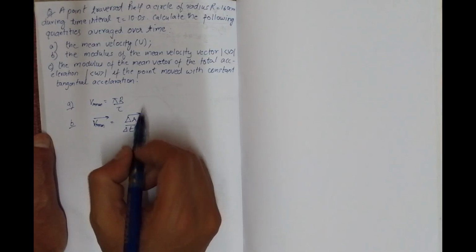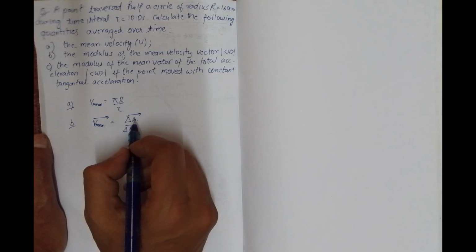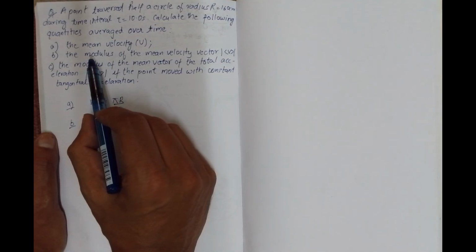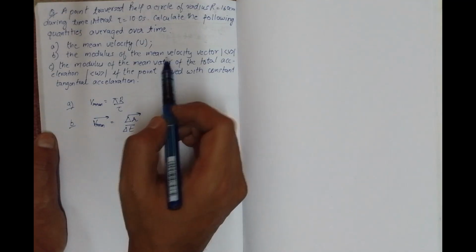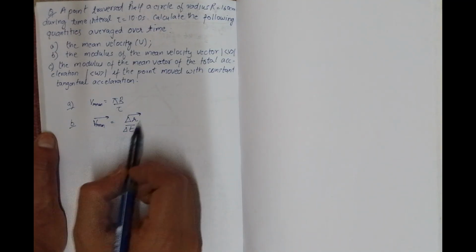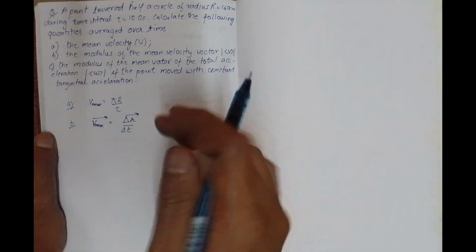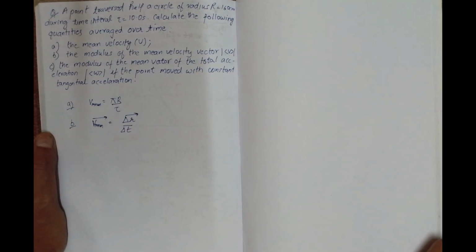And then once you know that, you have to divide change in r vector by the time. And here you are required to find out the modulus of this vector. You will find out the mean velocity vector and then find out the modulus of the vector. Modulus of the vector, as you may know, is equal to the magnitude of the vector. Right? So if a vector has a certain magnitude and a direction, the modulus means the magnitude of that vector.